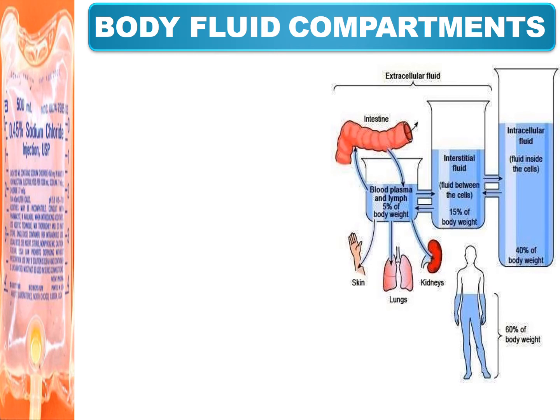So in this manner the 60% of the fluid is divided, 5 plus 15 plus 40. Likewise, in equilibrium, in these three compartments, the total fluid, that is 60% of body weight, is present in a proper channel and in equilibrium.